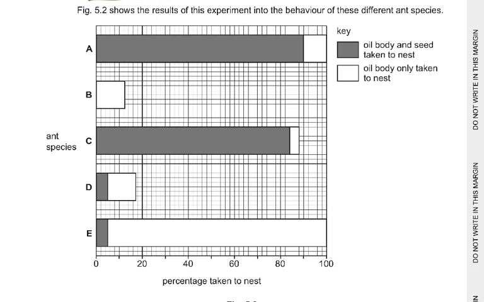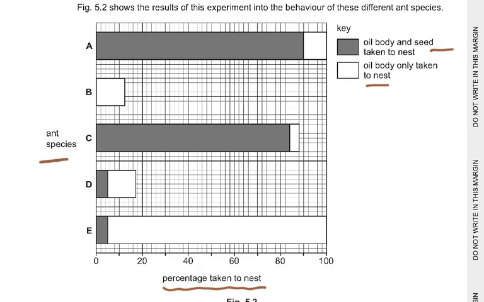Now it says oil body and seed taken to nest; in this situation, it's a dark line, and oil body only taken to the nest. So we have ant species and we have percentage taken to the nest. Now very carefully look at this graph.